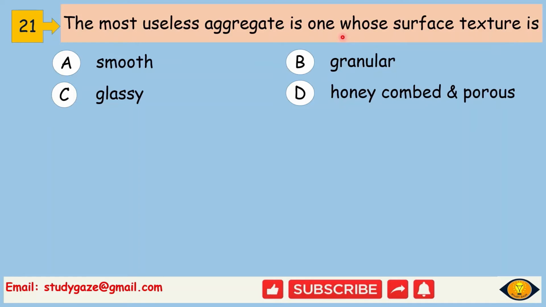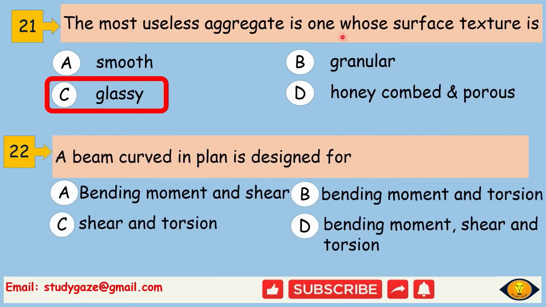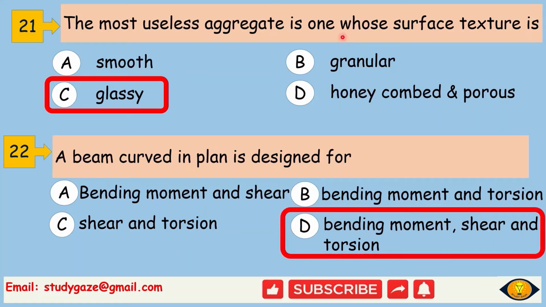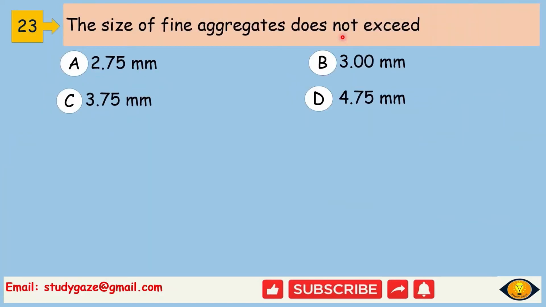The correct option is glassy. Next, a beam curved in plan is designed for. The correct option is bending moment, shear and torsion. Next, the size of fine aggregates does not exceed. Answer is 4.75 mm.